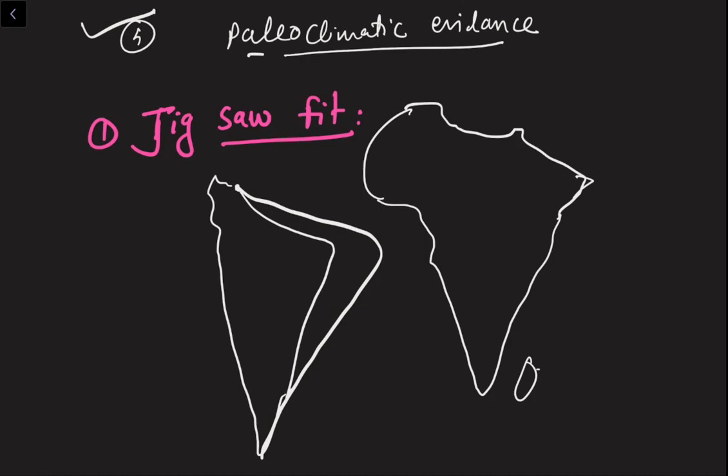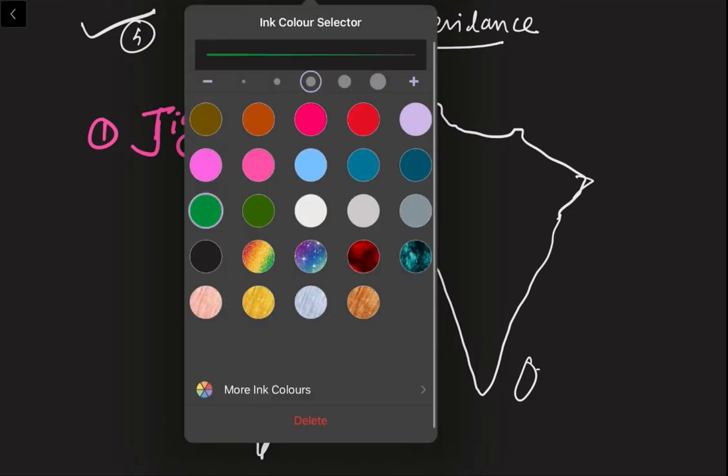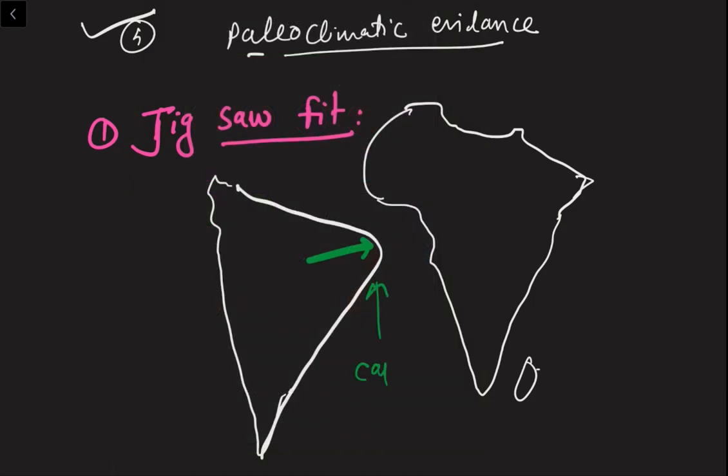This part of South America is called the Cape of Sao Roque, and this part of Africa is called the Gulf of, what is it? Gulf of Guinea.